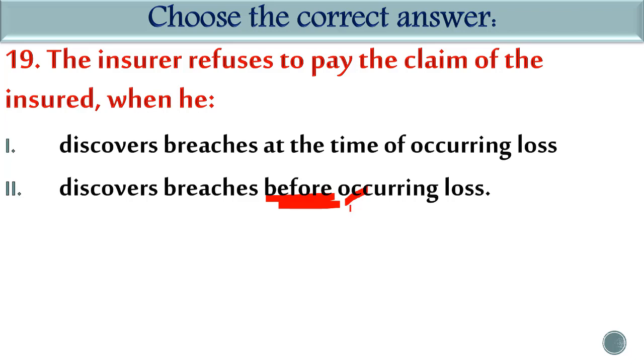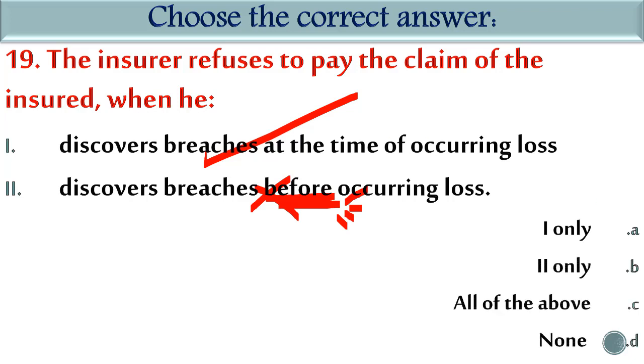Another case, charging additional premium. A third case, imposing additional terms on the policy. The fourth case is ignoring the breach and continuing with the insurance. So refusing to pay the claim isn't one of these cases. If the breach is discovered at the time of occurring loss, the insurer can refuse to pay the claim and cancel the contract. So it's one of these cases.